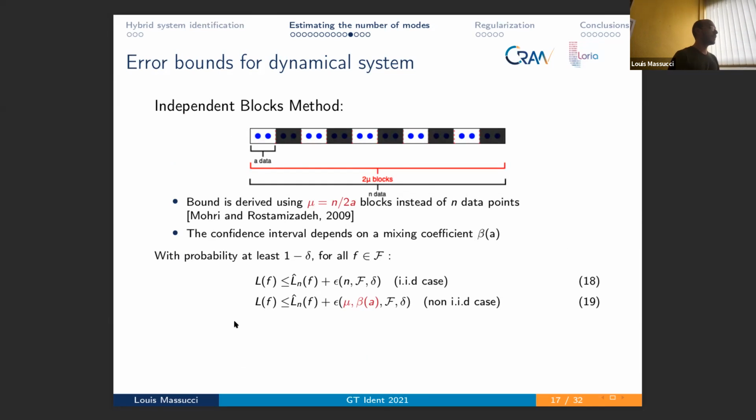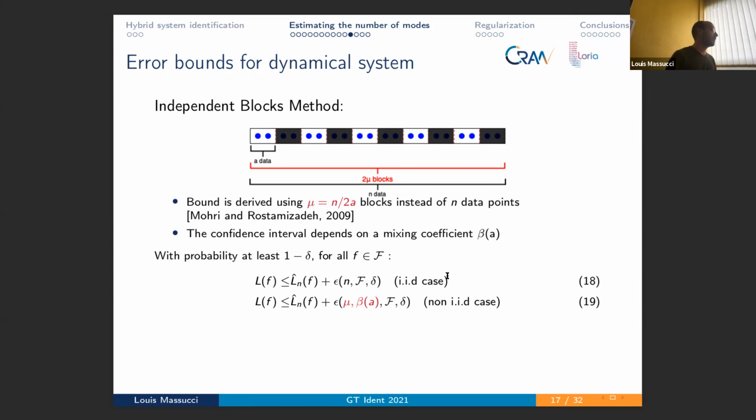There is a novel parameter that appears in the confidence interval. It is the mixing coefficient beta of a, which holds the degree of the mixing process, the mixing sequence. So now we can distinguish two types of bounds.